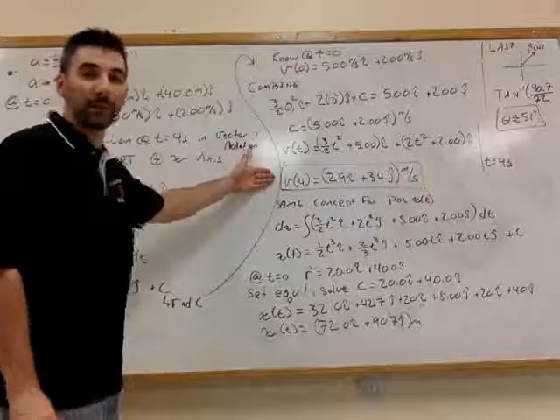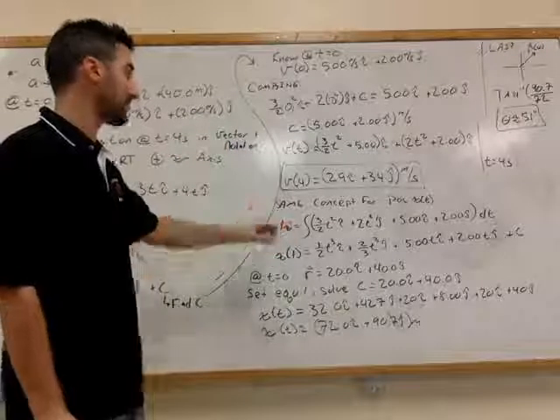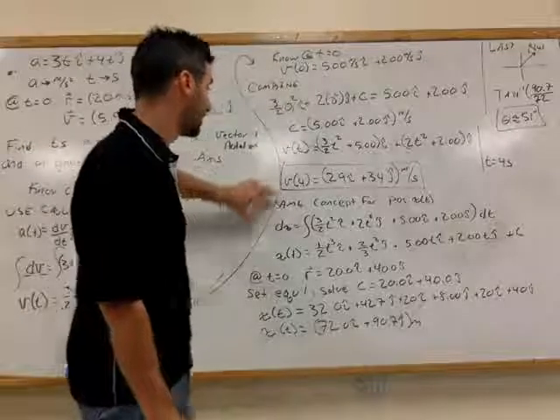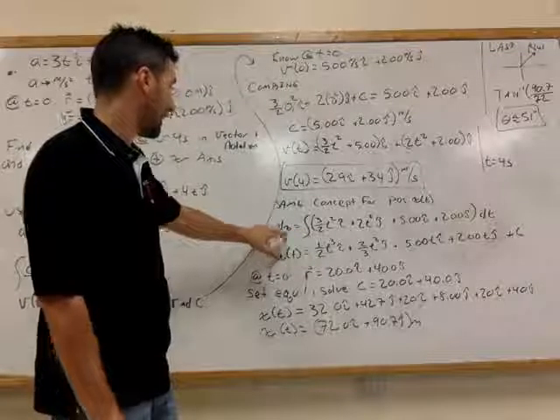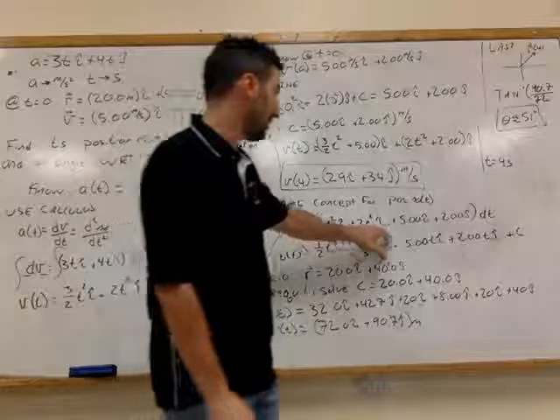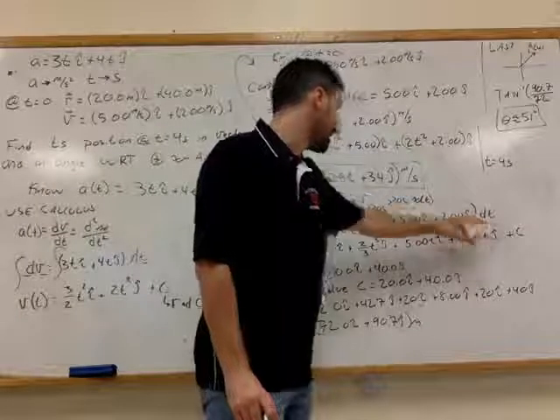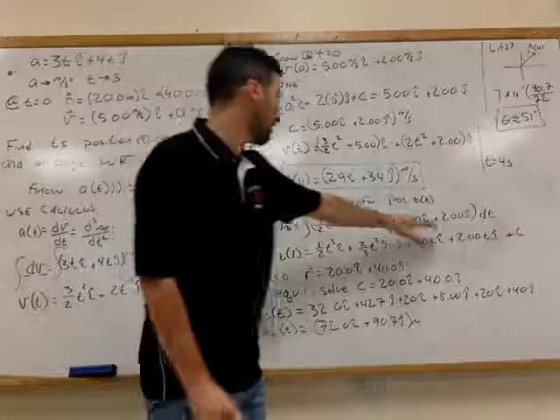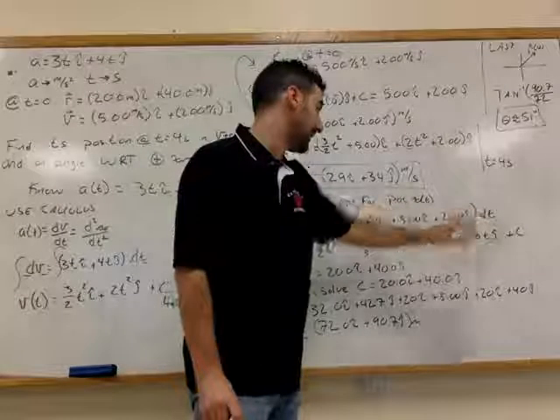To find my position, we're going through the exact same process. I'm going to take the antiderivative of my velocity equation. Here I have dx as the antiderivative of all that stuff that I know with respect to time. That was my general form velocity equation. I just separated it back out, so I had my t's and my non-t's.